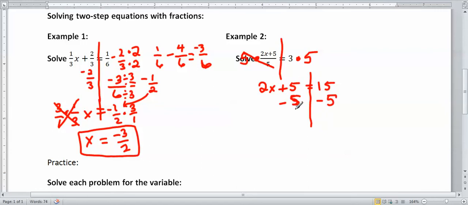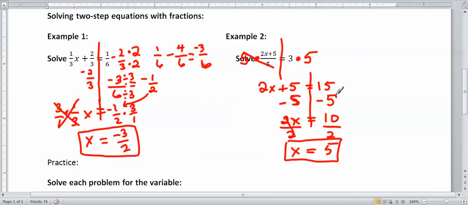Subtract 5 from one side, I have to subtract it from the other. So I get 2x is equal to 15 minus 5, which is 10. Now I'm multiplying 2 times x, so I'm going to do the opposite and divide by 2 on both sides. 2 divided by 2 becomes 1, leaving me with just x, and 10 divided by 2 is 5. So x is equal to 5.